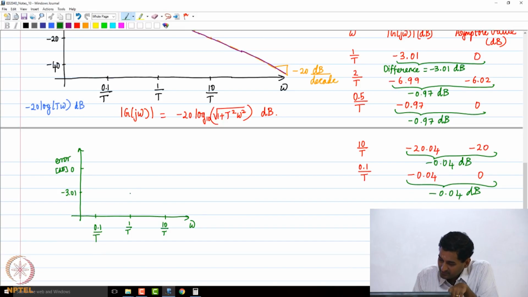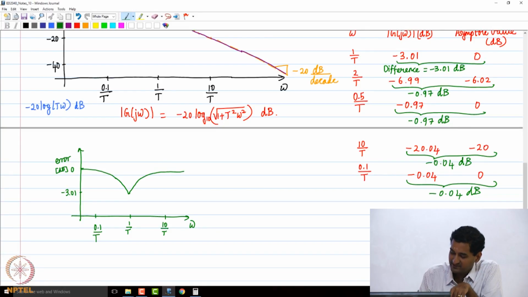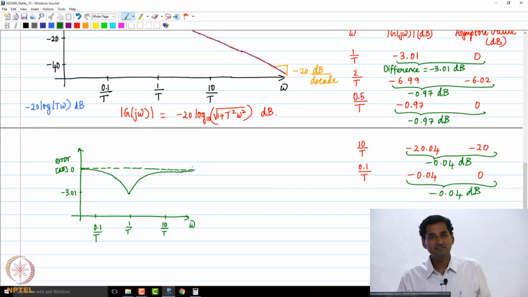You are going to have the maximum error here. Beyond that, on either side you are going to have a decreasing error profile, which will asymptotically tend to 0.